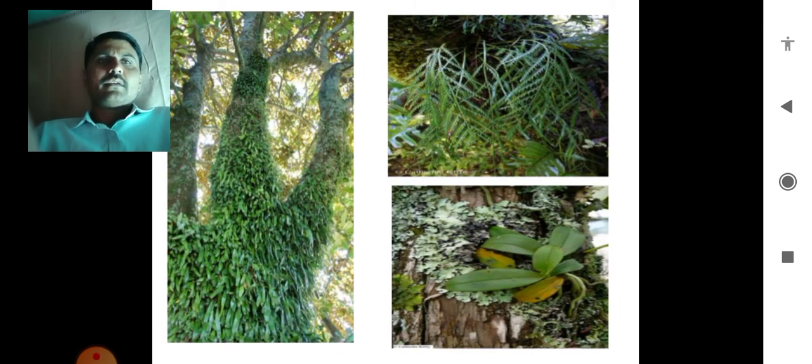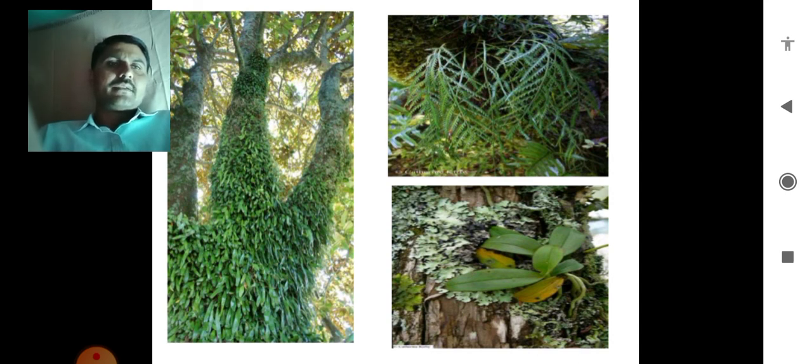In the first photo, you can see a plant which is growing on a host plant and covering most of the host, whereas in the second figure you can see the plant showing a nest-like structure, growing on the crevices of the bark for holding purposes.